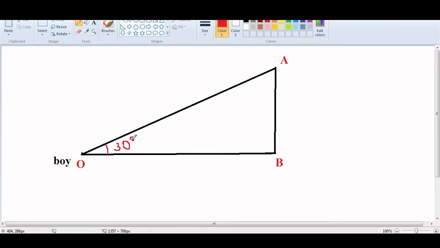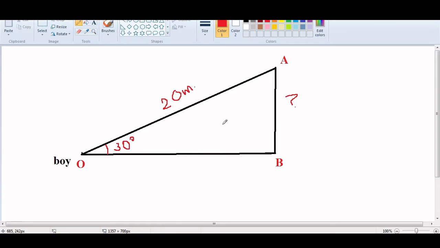So here I am writing 30 degrees, and the length of the string is given, that is, the OA length is given, it's 20 meters. Now what do we have to find? We have to find the height at which the kite is flying, it is this one, AB. The height AB we have to find.